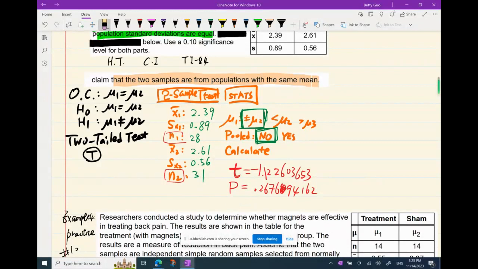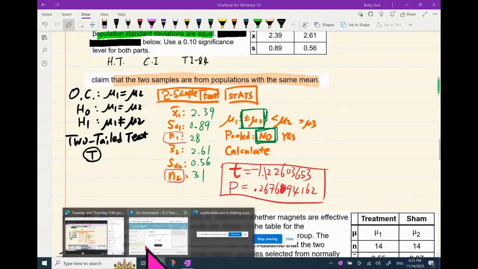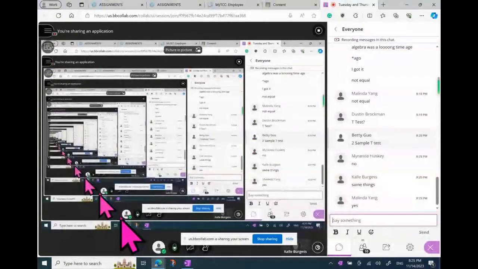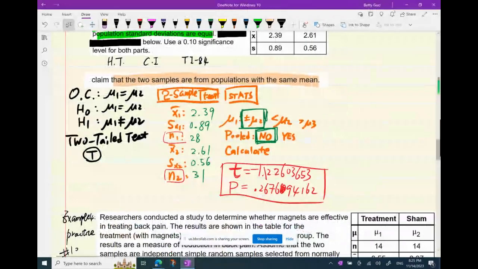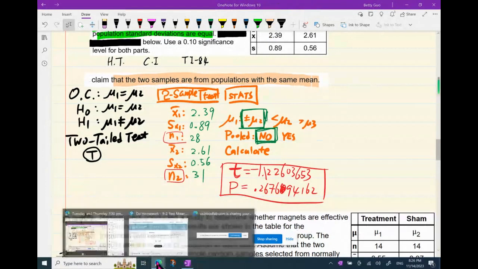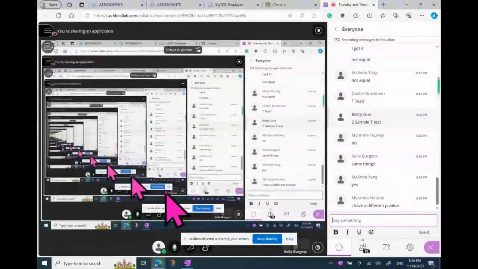Okay, guys, please let me know. Do you have the same test statistic and the p-value? Awesome, very good. Thank you, guys. Well, I have a different p-value.